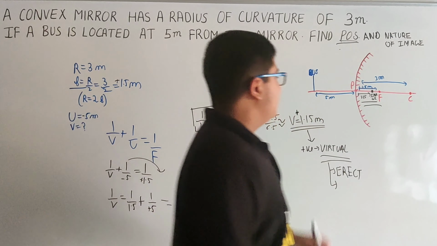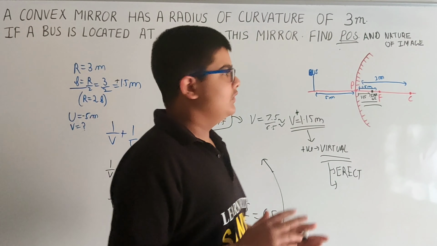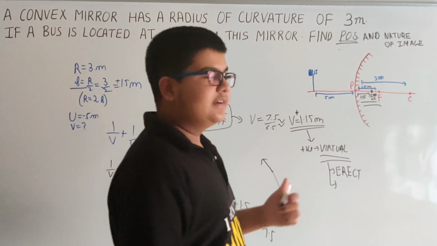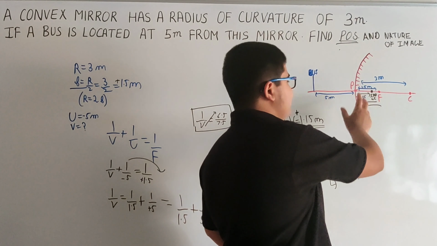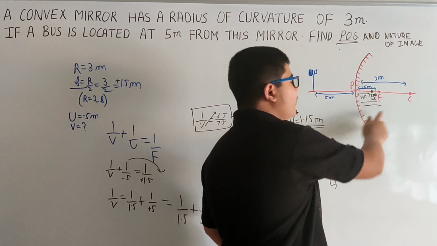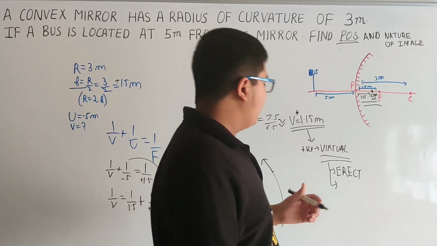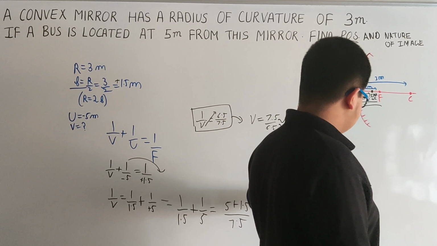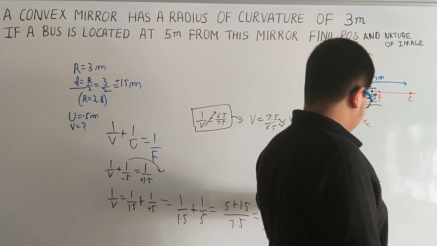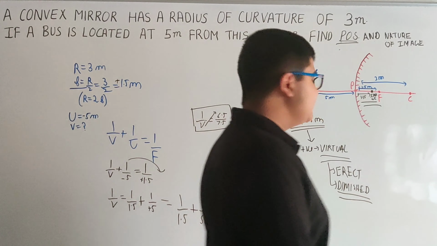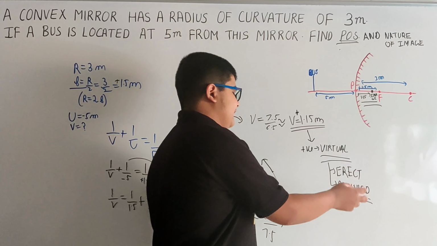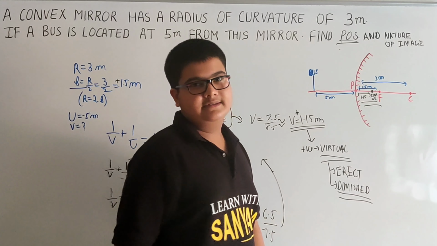And also in the previous lecture, that is second lecture, when we studied image formation in a convex mirror, we learned that whenever the image is formed between the pole and the focus in a convex mirror, then always the image is diminished. That is, the image is smaller in size than the object. So basically we have got all three properties: the image is virtual, the image is erect, and the image is diminished in size.